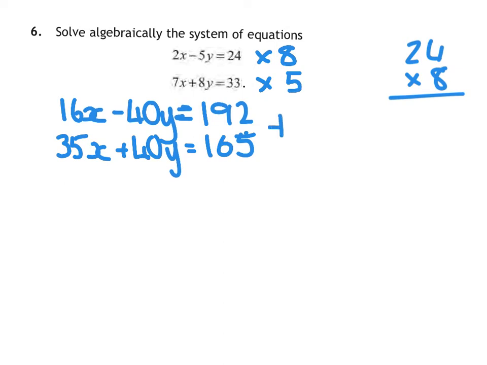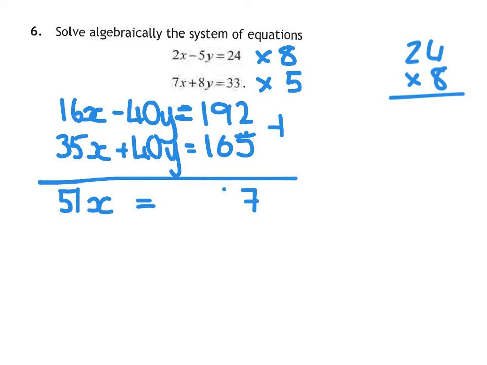Then I'm just going to add the two of these together. The 40s will cancel out. Okay, 16 add 35, that gives me 51x. And then 192 add 165, I'm going to do a sum. 2 add 5 is 7, 9 add 6 is 15, 1 add 1 is 357.